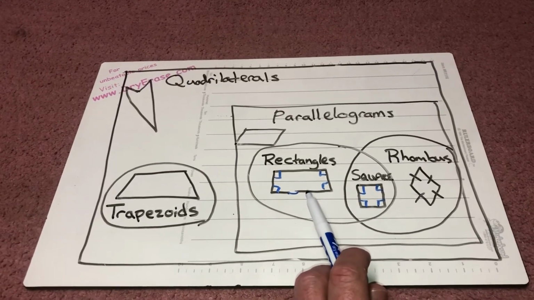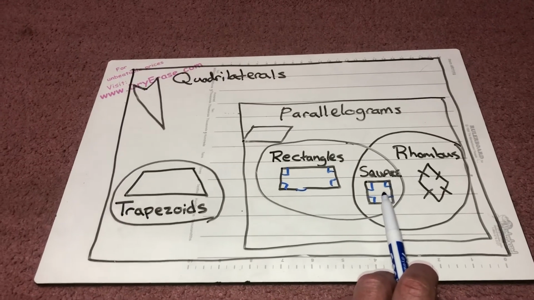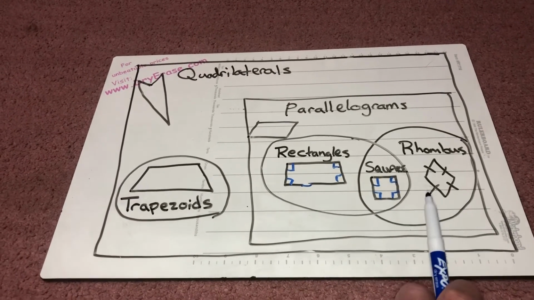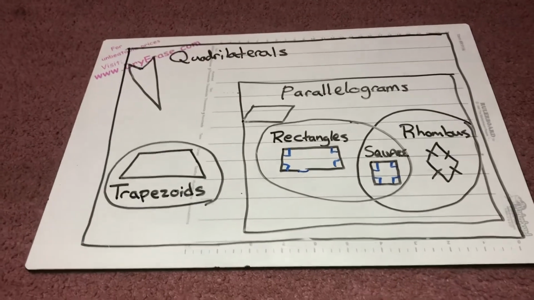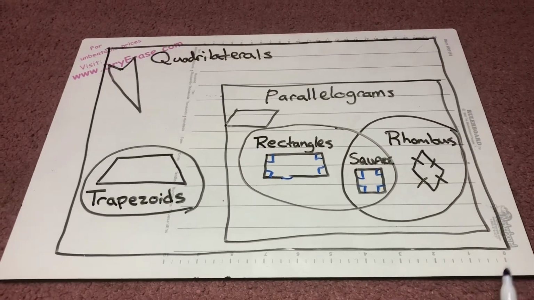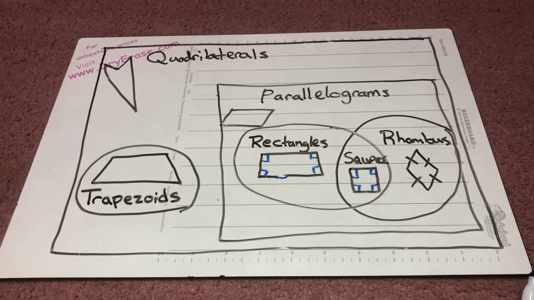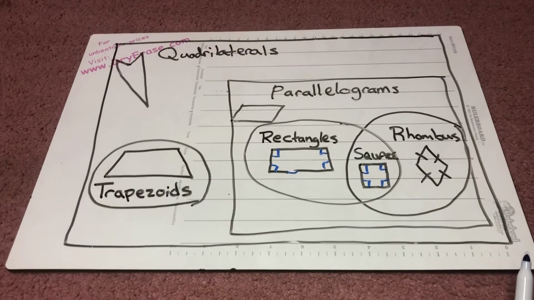It's also a rectangle because the left and the right are parallel and congruent. The bottom and the top are parallel and congruent. And it has 4 right angles. Okay? And so that would be the definition of that.